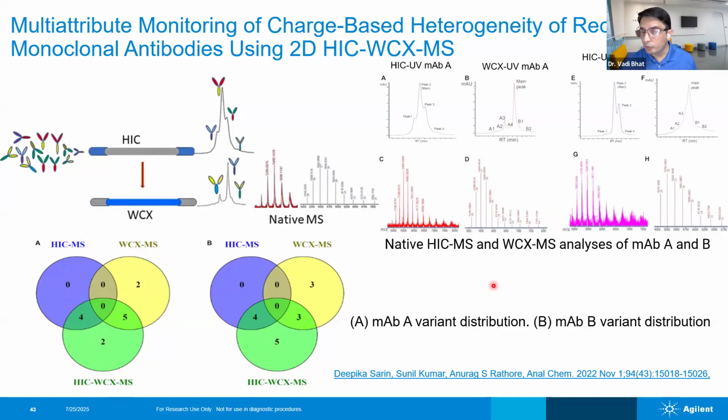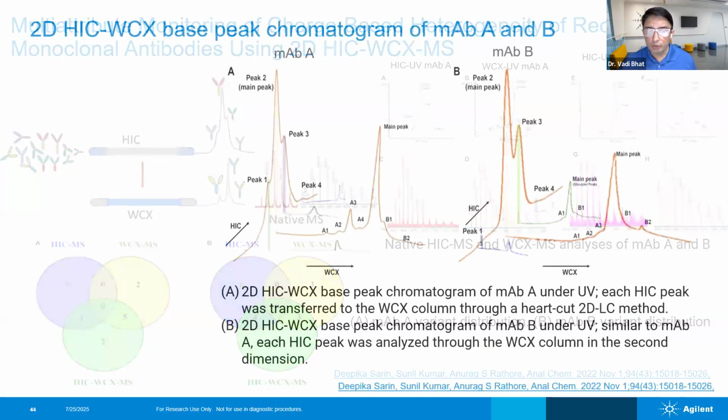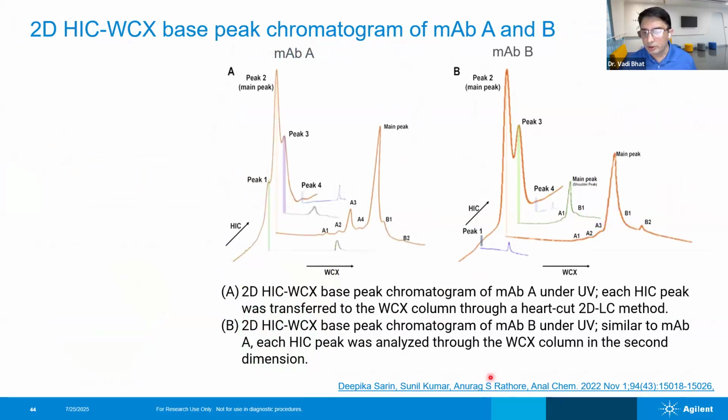One is improved sensitivity, second is stability, so that the low abundant variants won't disappear, and you can identify them as an intact analyte in the mass spectrometer. So, a nice publication. You can look into that, a lot of information. Time won't allow me to discuss further on this one.